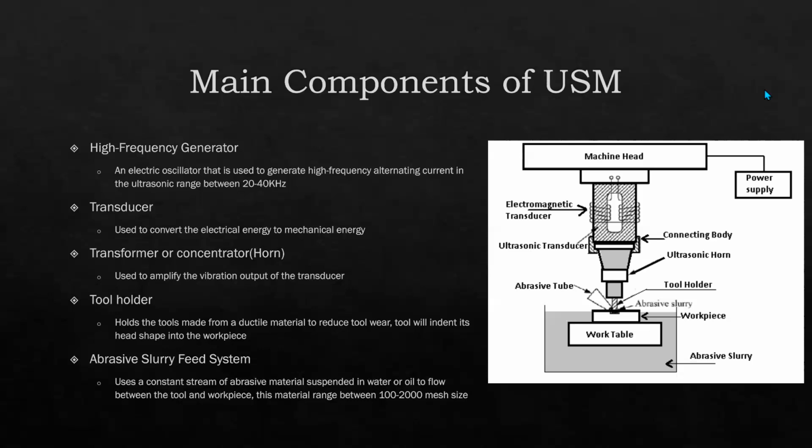And then there's the abrasive slurry system, which has a constant stream of abrasive material suspended in water or oil, and it sends a flow to the workpiece, and it has an abrasive material size between 100 to 2,000 mesh sizes.